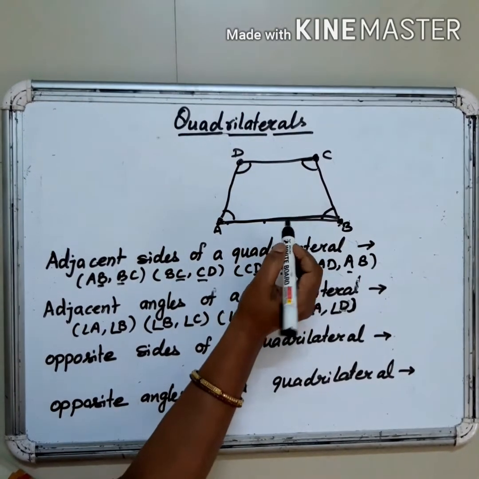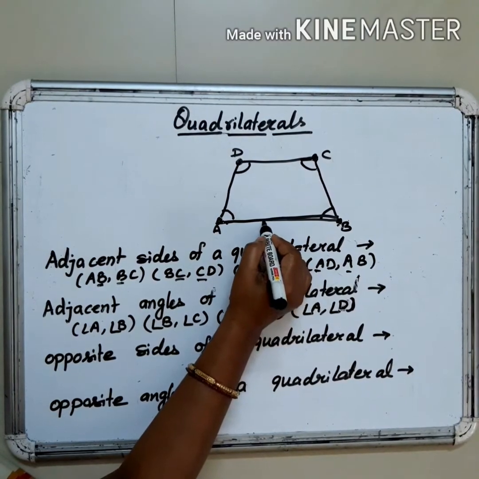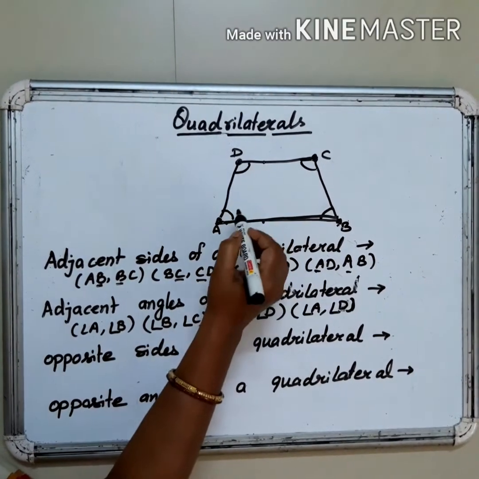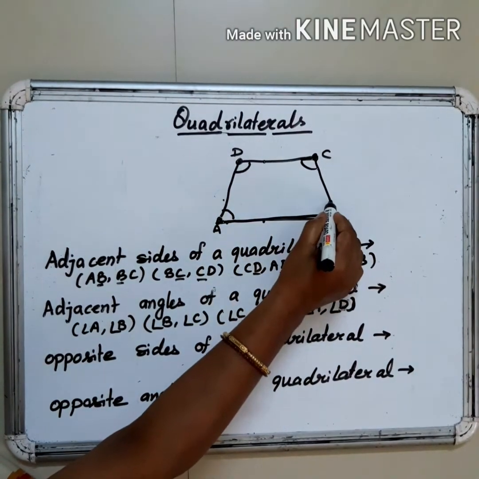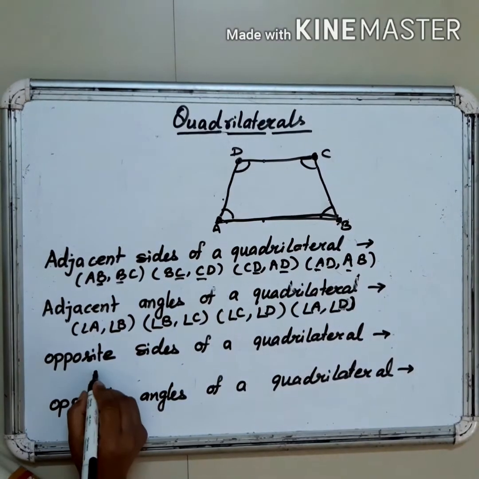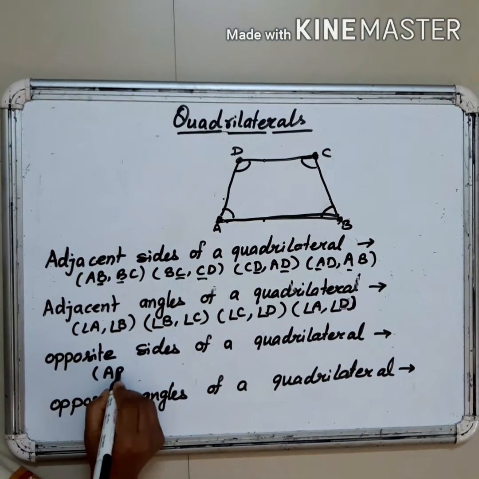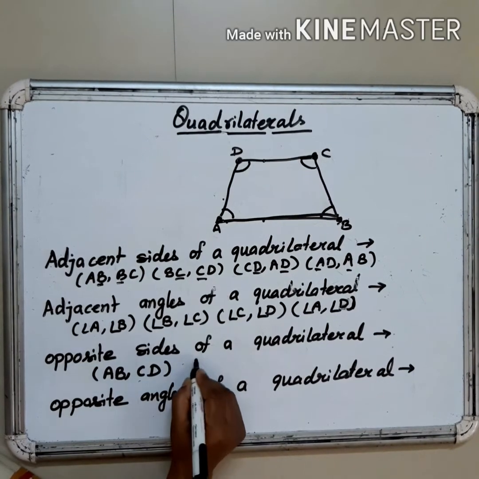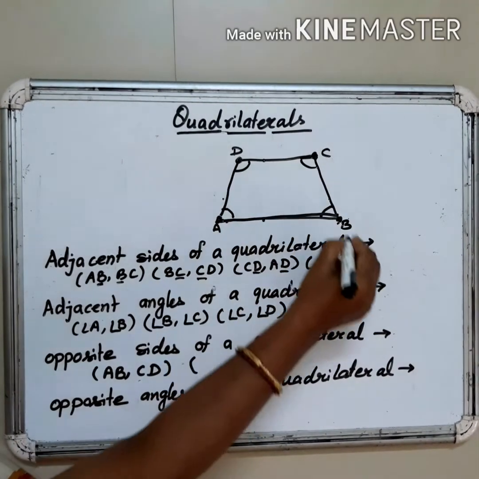Two. First pair AB and CD, and second pair AD and BC.